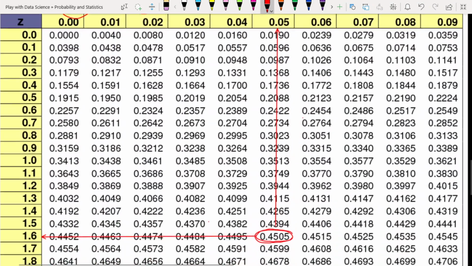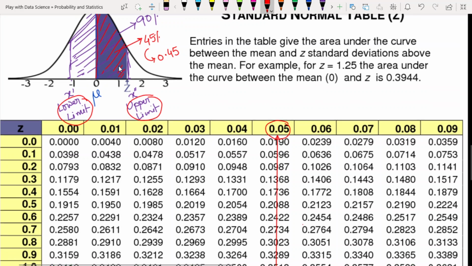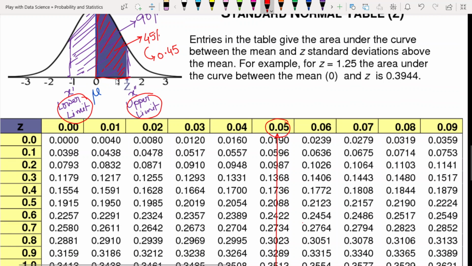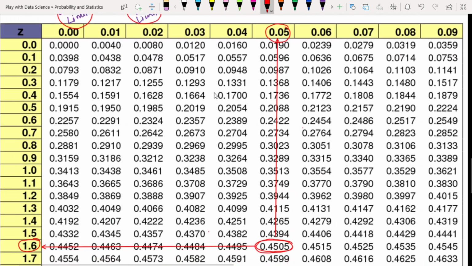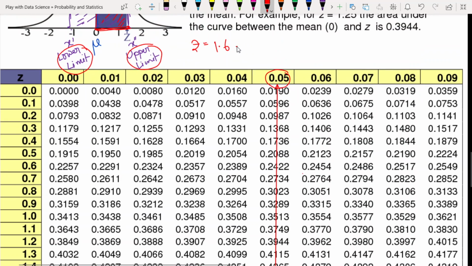So now let's see. This is 1.6 and 0.05. The z value for the 45% area from here to here, which occupies approximately 45% of the area, will be 1.6 plus 0.05, which is 1.65.